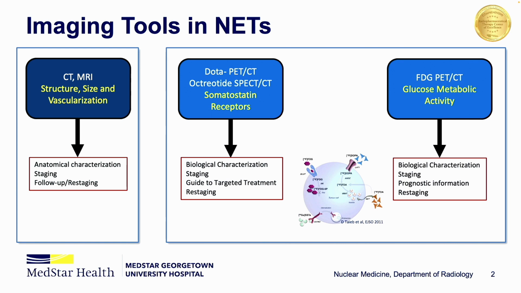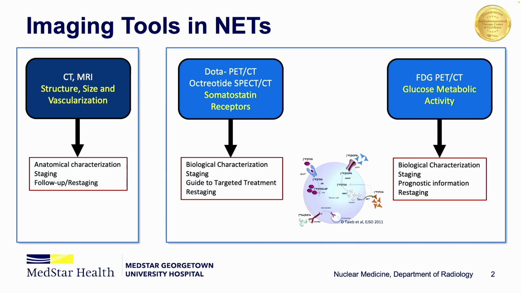evaluates the presence of somatostatin receptors on the tumors, and that gives us information on the biology of the tumors a little bit. It helps us with the stage, because usually when we add the PET CT to the CT or to the MRIs, we're adding information and better ways to characterize the disease.